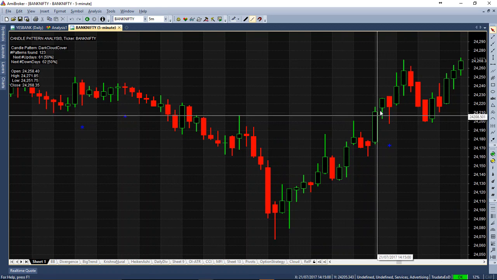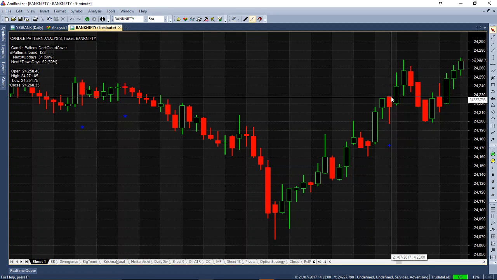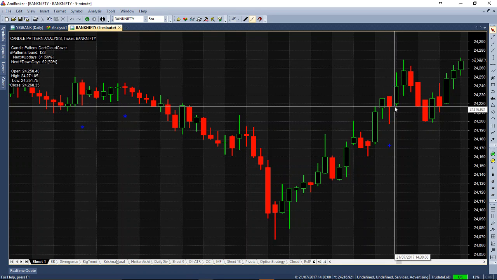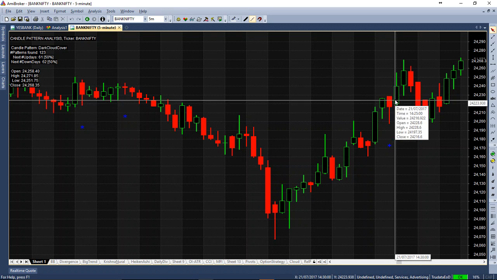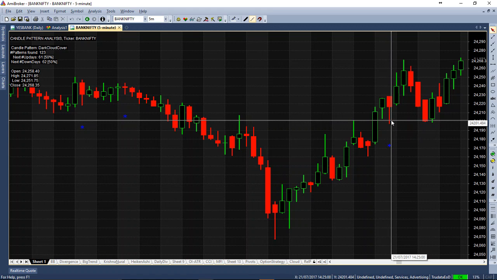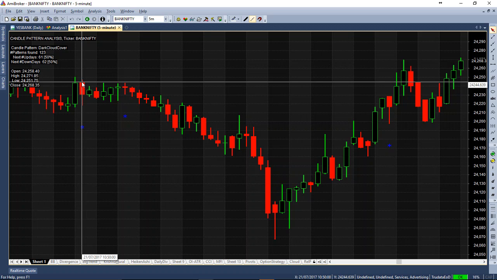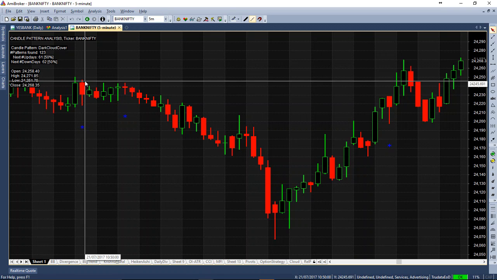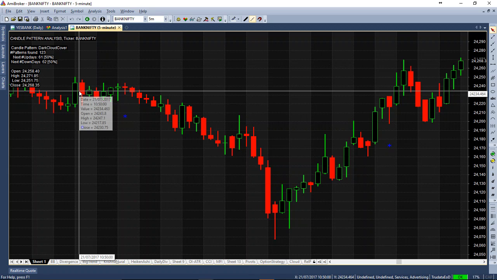You have an up move and continuation of that up move, you open above the candle, and then you are able to close lower, but you are not able to take over the open of the previous candle. So there is bearish strength, but it is not all the way as powerful as the engulfing pattern. See, you open above on the uptrend and then you close more than 50% of the body of the previous candle.